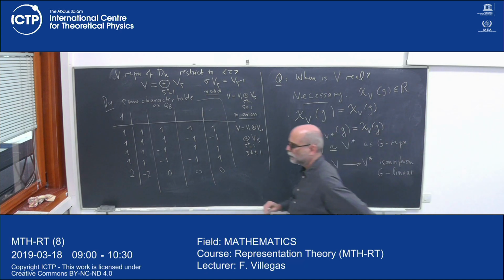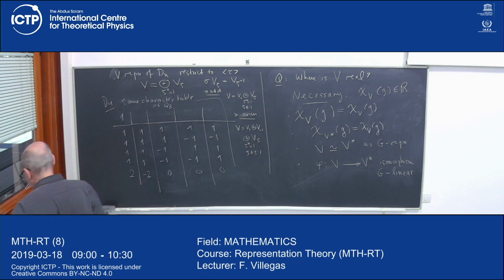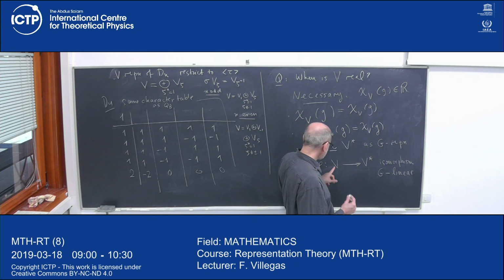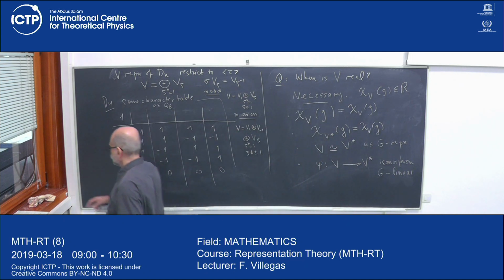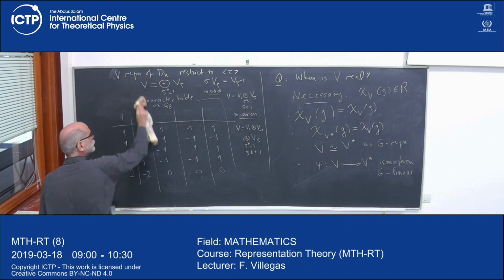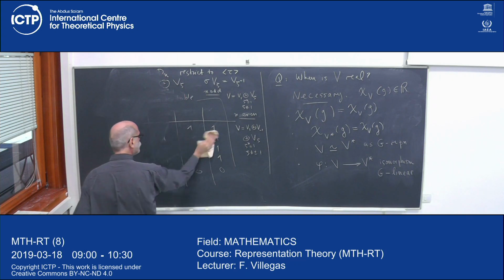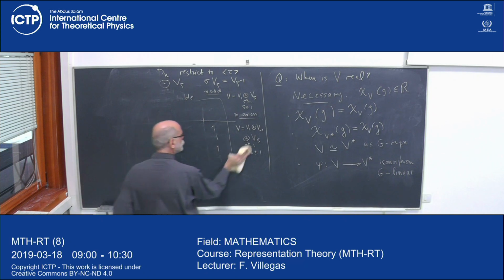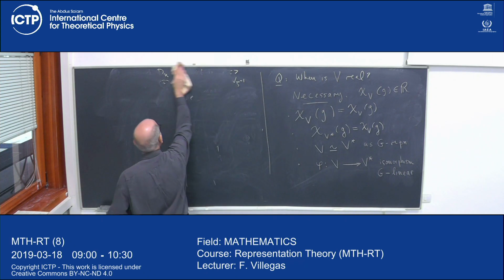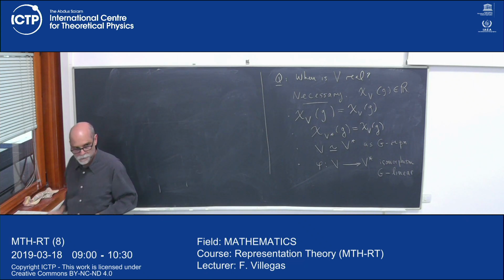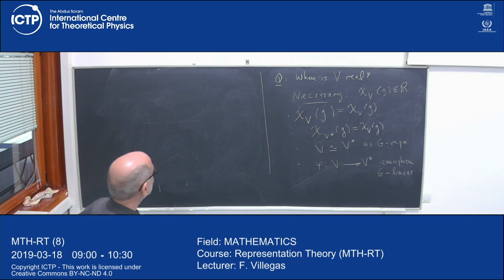So it preserves the action of the group. Now, whenever you choose a map from V to V dual, an isomorphism as vector spaces, these vector spaces are isomorphic always, but in a non-canonical way. You get a bilinear form? Yeah, so with such an isomorphism, you get a bilinear form, and conversely.